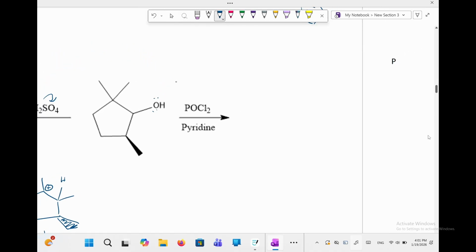So if we do the same thing for POCl3, it acts like a Lewis acid. It's going to get attacked and kick off a chlorine. Since it's E2 with POCl3, we're not going to get any rearrangements.